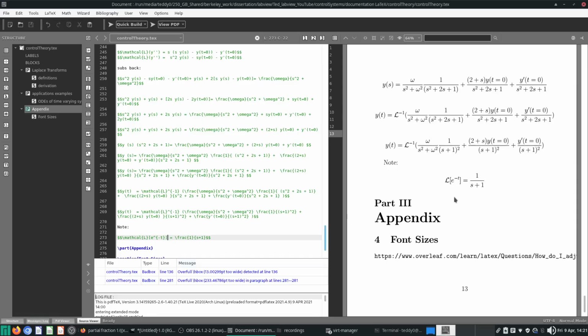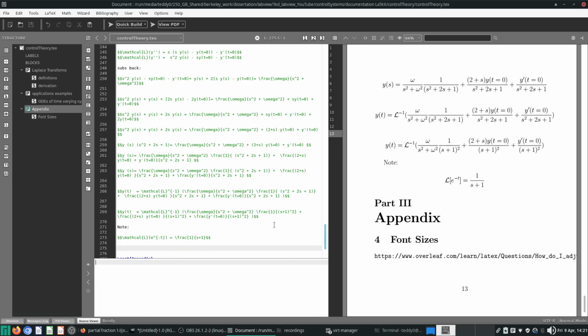We'll have to do some partial fractions, especially on this first one. The second and third terms, 1 over s plus 1 and 1 over s plus 1 squared, we'll deal with later. There's a property we need to use, called frequency shifting.